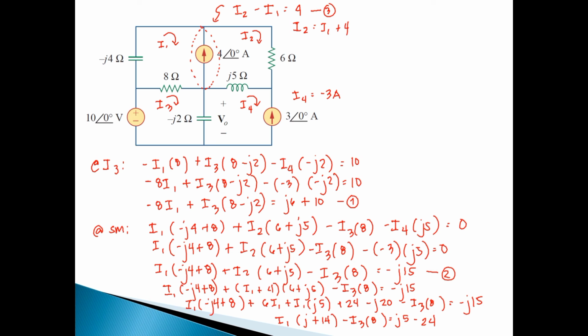So we now have two equations. We have to cancel out the I1.